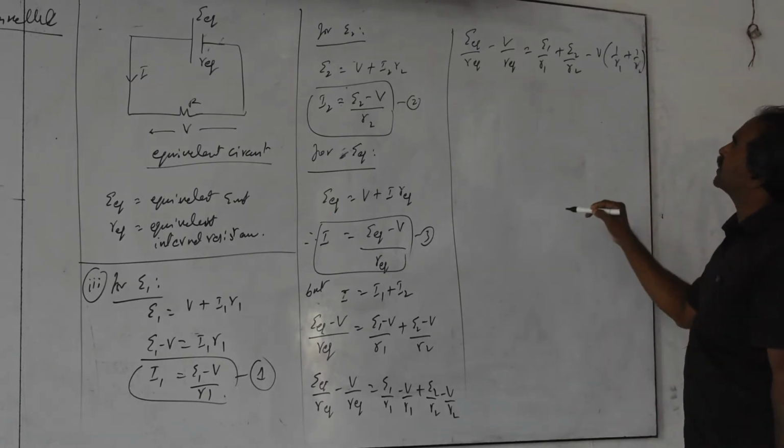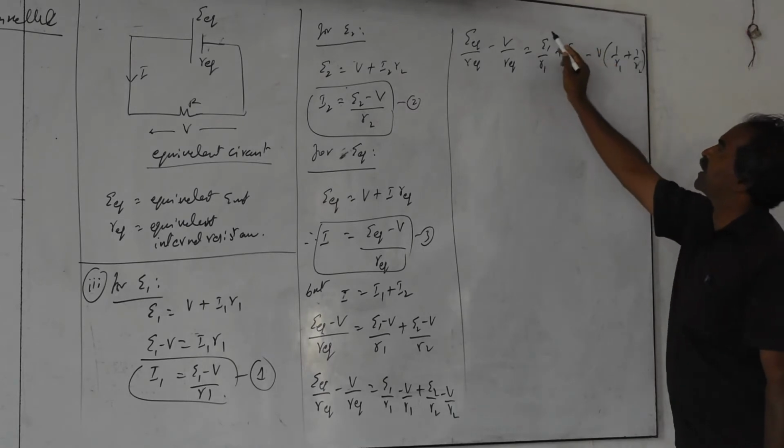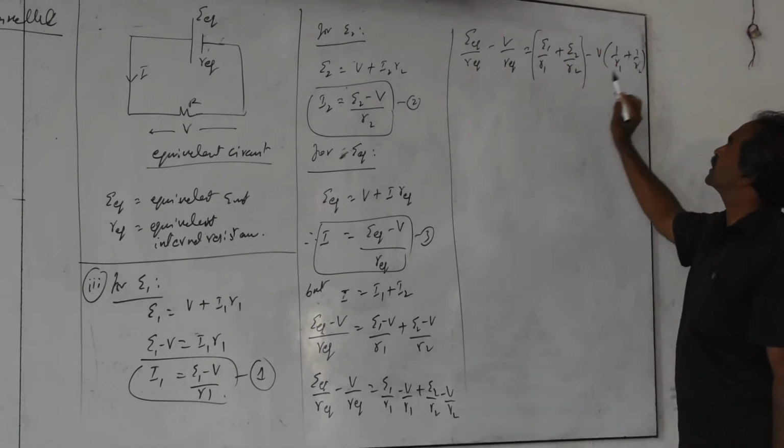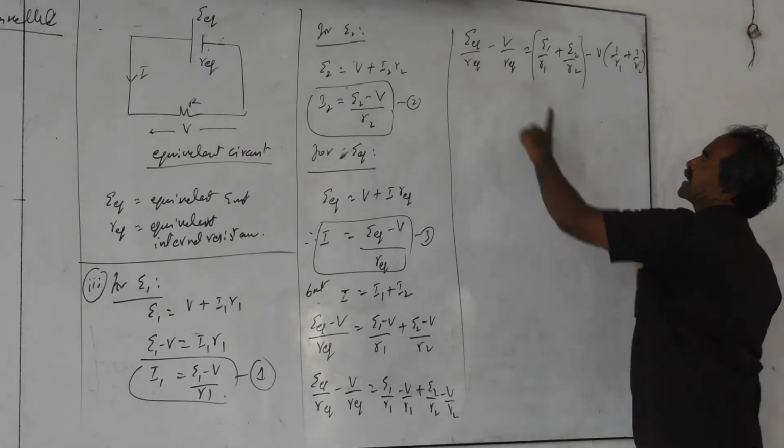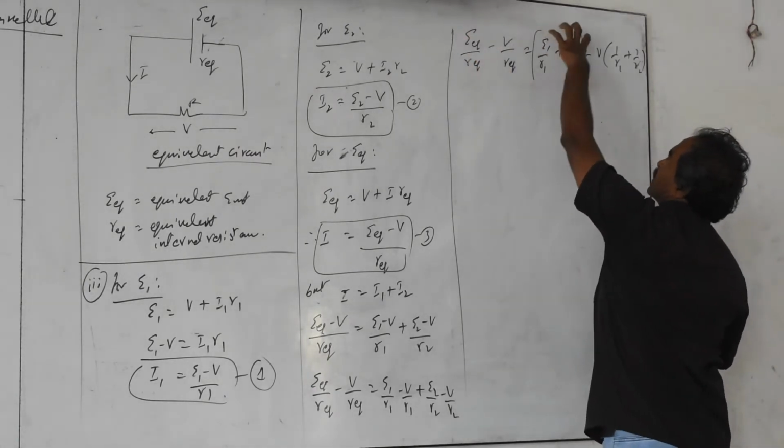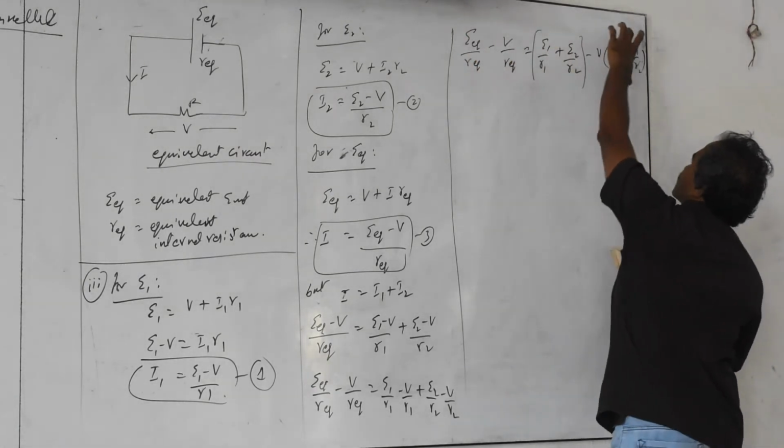On comparison of the equations, this part is the EMF term and this is the potential term. So you can take this as the EMF term. This part corresponds to this part, and this part corresponds to this part.